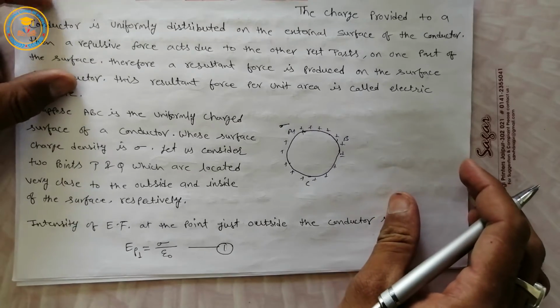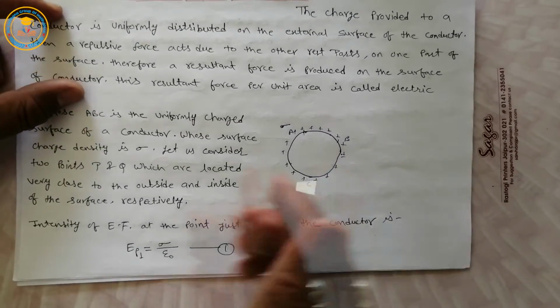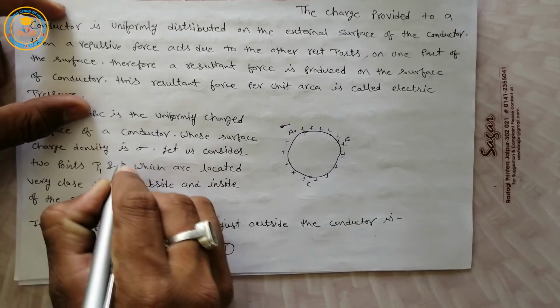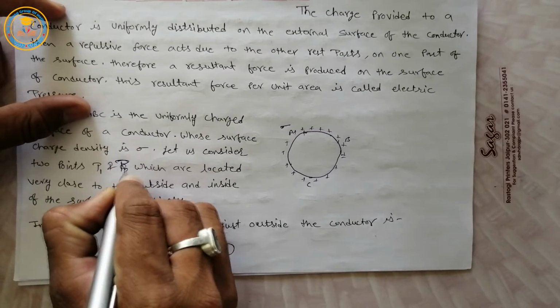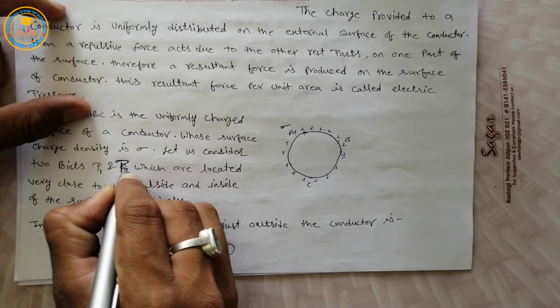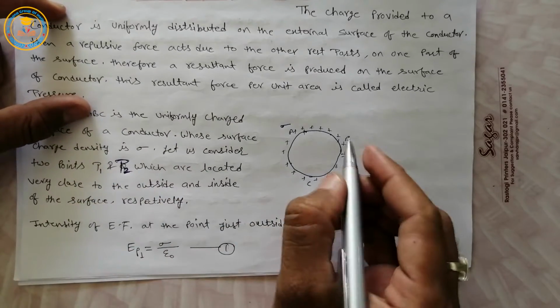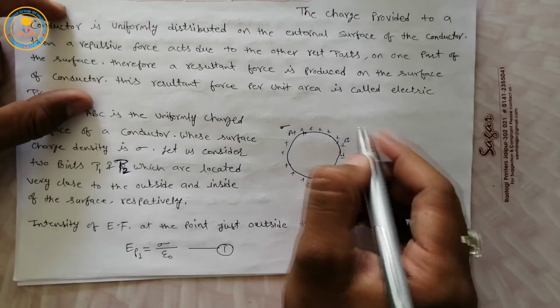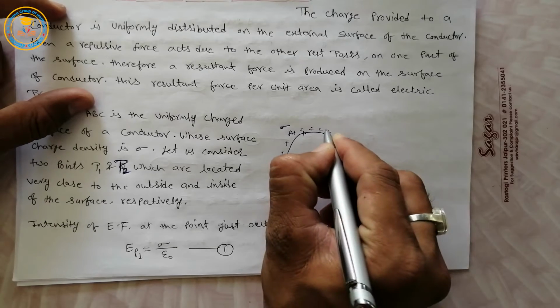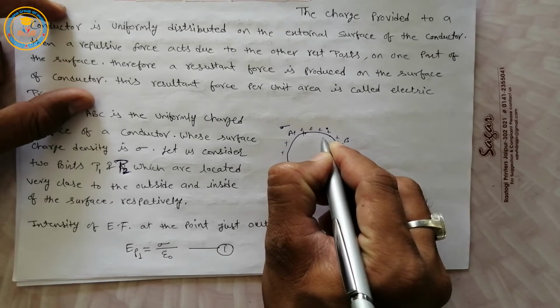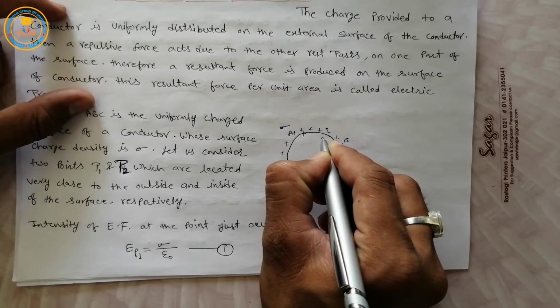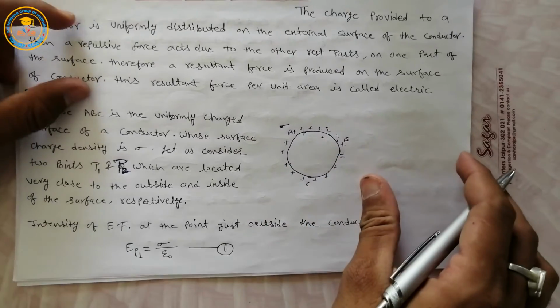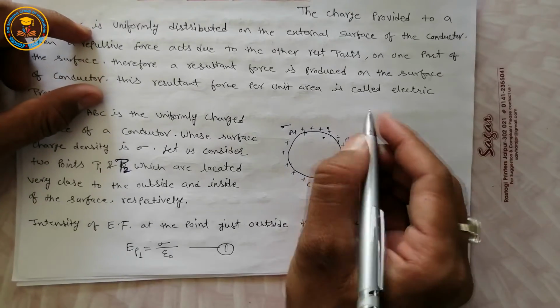Now we assume two points P1 and P2, which are located very close to this surface, at outside and at inside of the surface.